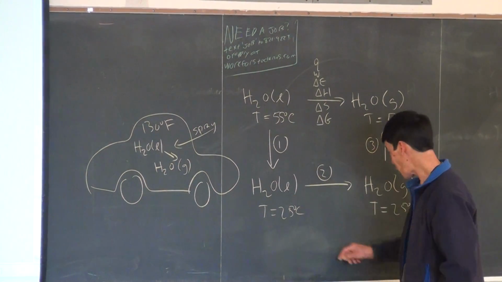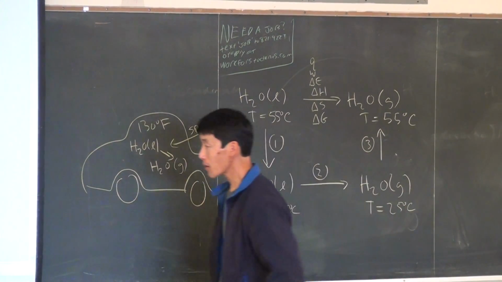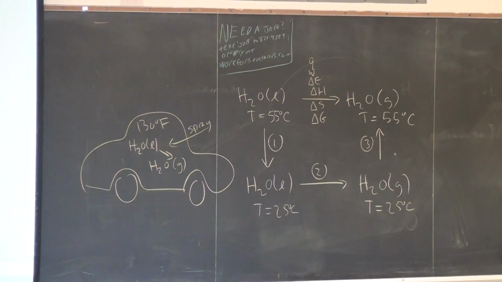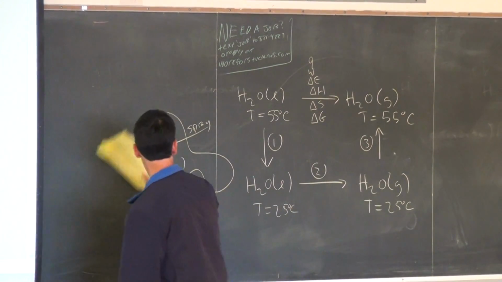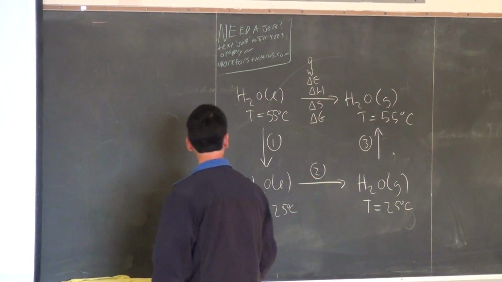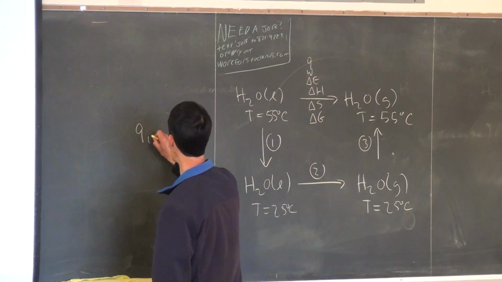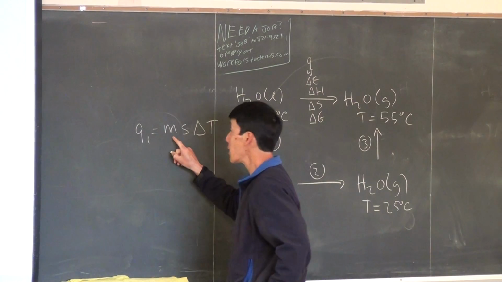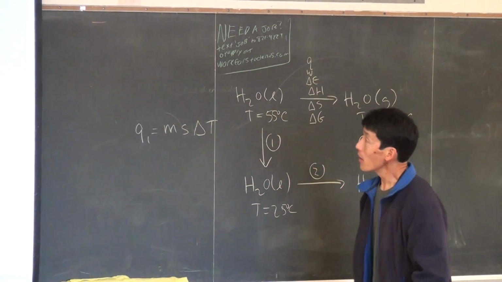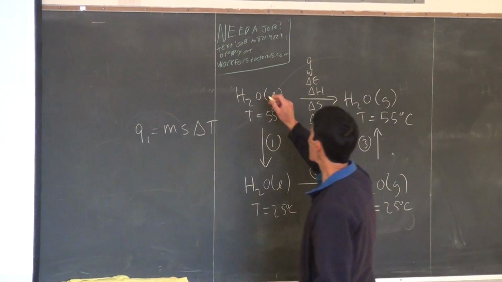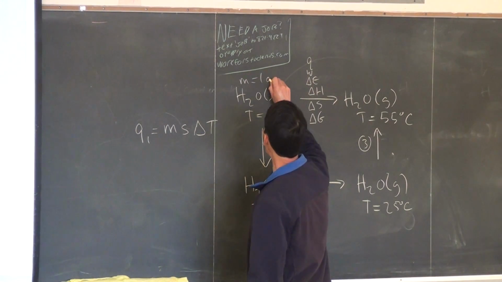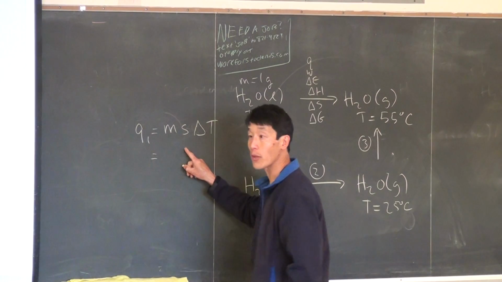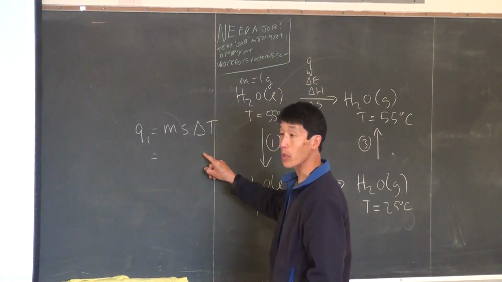Yes, we can do that. So Q for step 1 is equal to m times s times delta T. Let's just say we have 1 gram of water. We know that m is equal to 1 gram. We know what the specific heat of water is. What would delta T be?